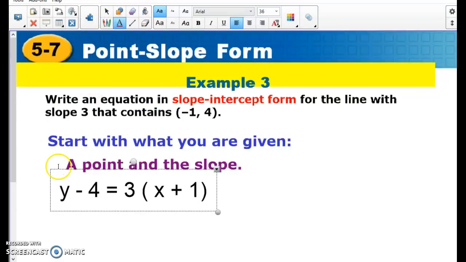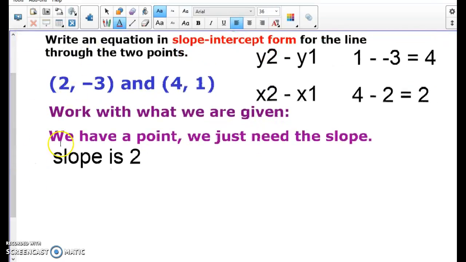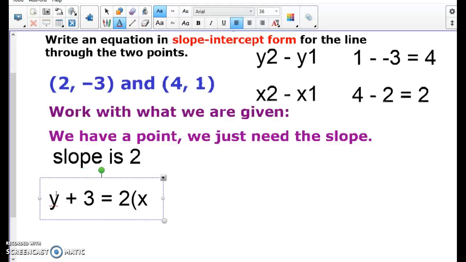No difference. Now we have a slope, and this time we have 2 points. It does not matter which one you select. You can write them either way. So let's write it first with this one right here. You can have 2 correct answers here. I can do y minus a negative 3, which is going to turn into y plus 3, equals our slope of 2, and then x minus 2.